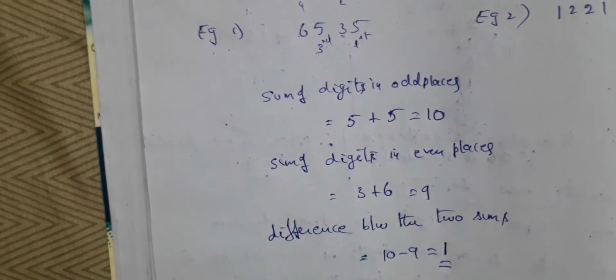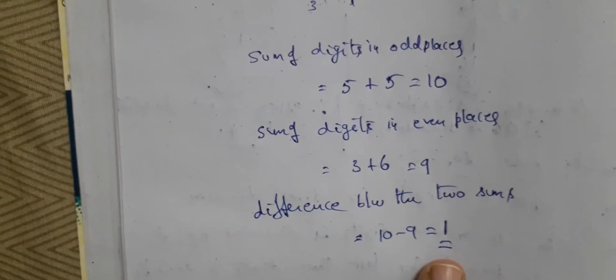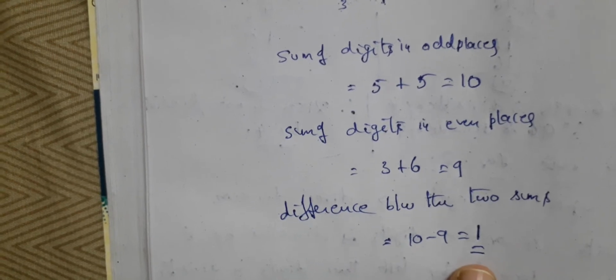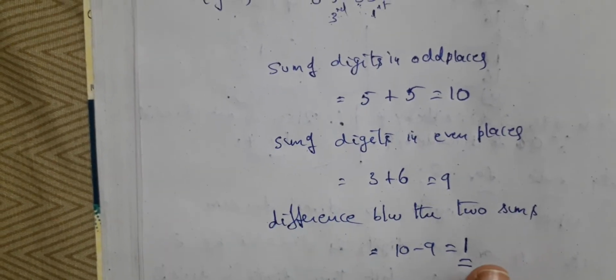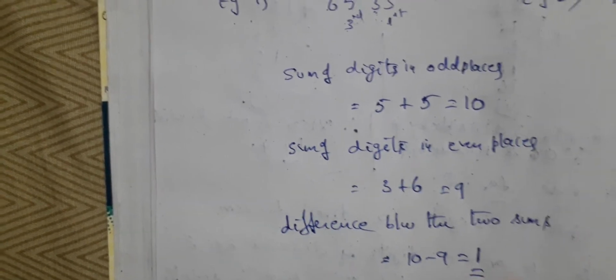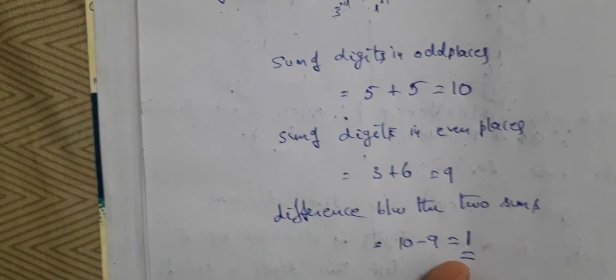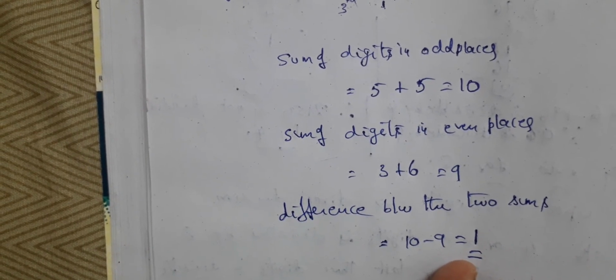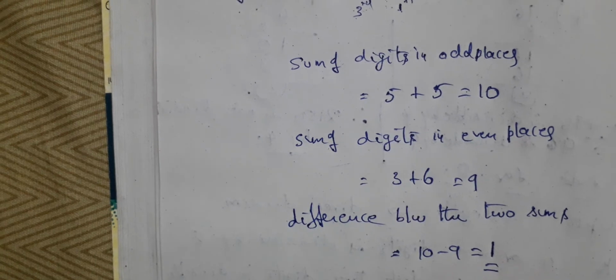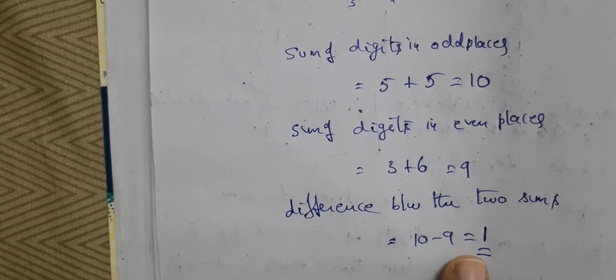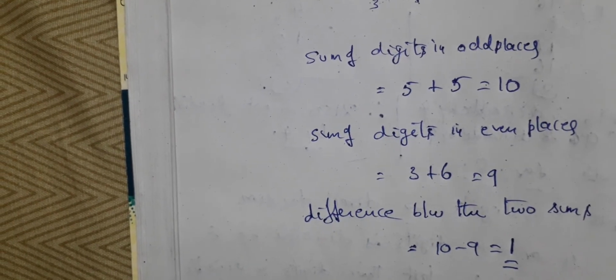What is the rule? This difference must be either 0. If it is 0, it is divisible by 11. If not 0, at least this should be divisible by 11. See, the number itself is less than 11. So there is no point that it will be divisible by 11. So therefore, this is not divisible by 11. Hence, the number is not divisible by 11.